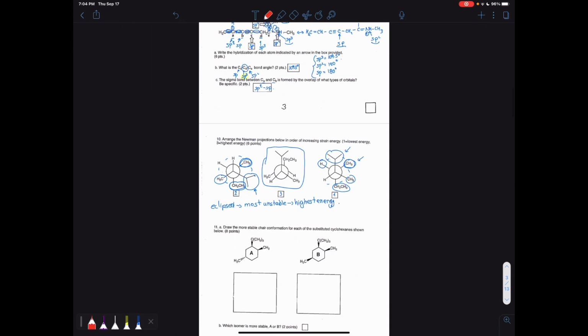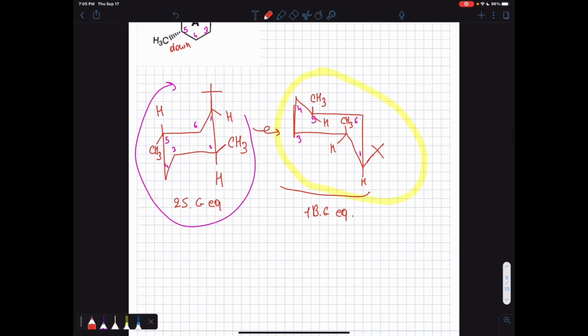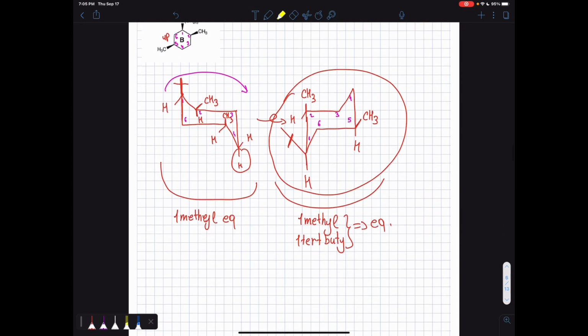Now let's go back. She's asking which isomer is more stable, A or B. So if we look at A right here, we only have the tert butyl on the equatorial, as you can see right here. And then in this one, we have not only the tert butyl on the equatorial, but we also have the methyl.